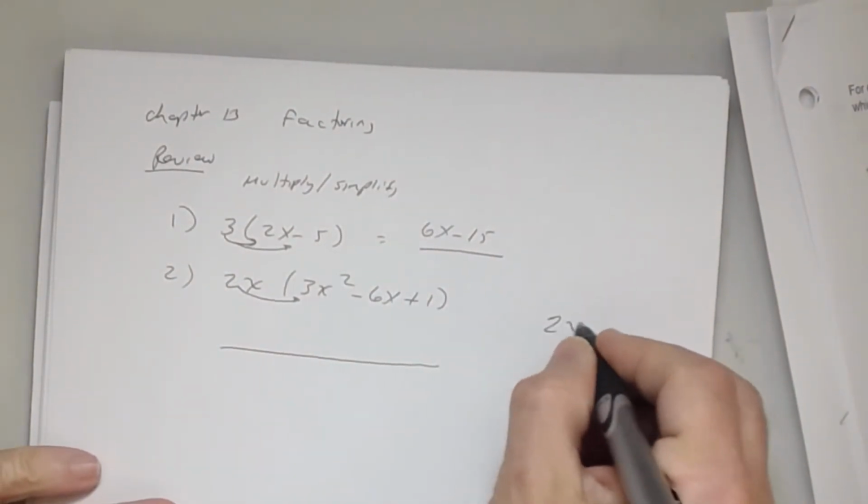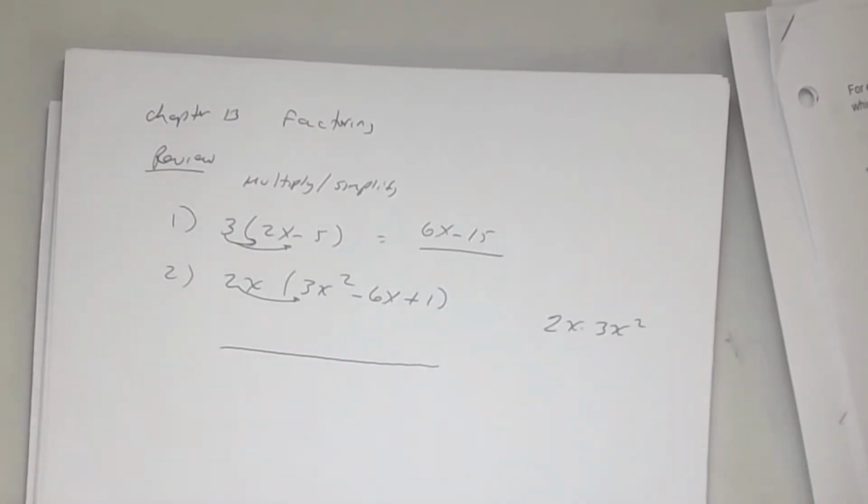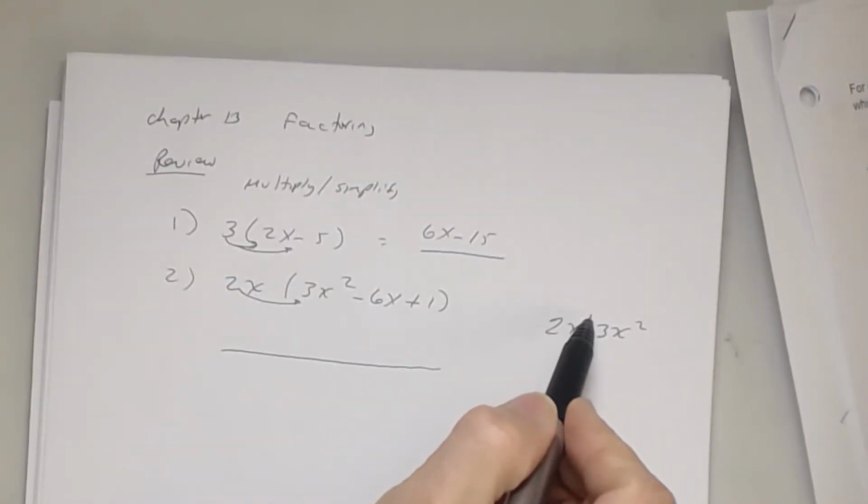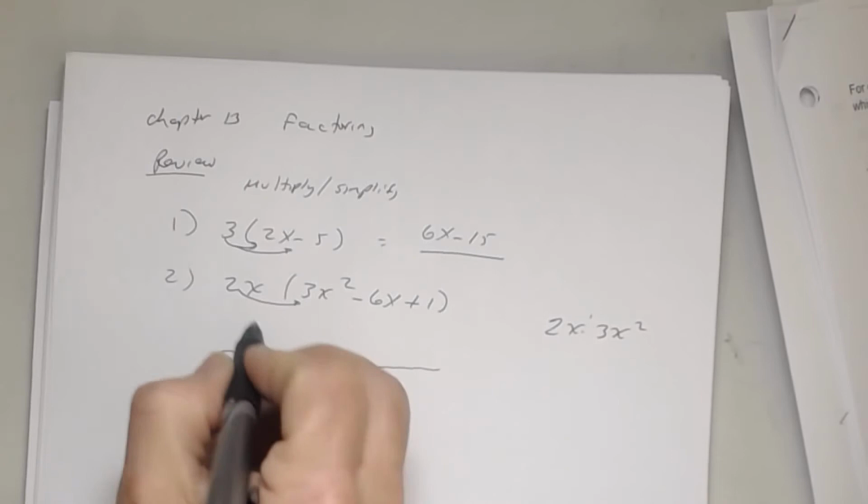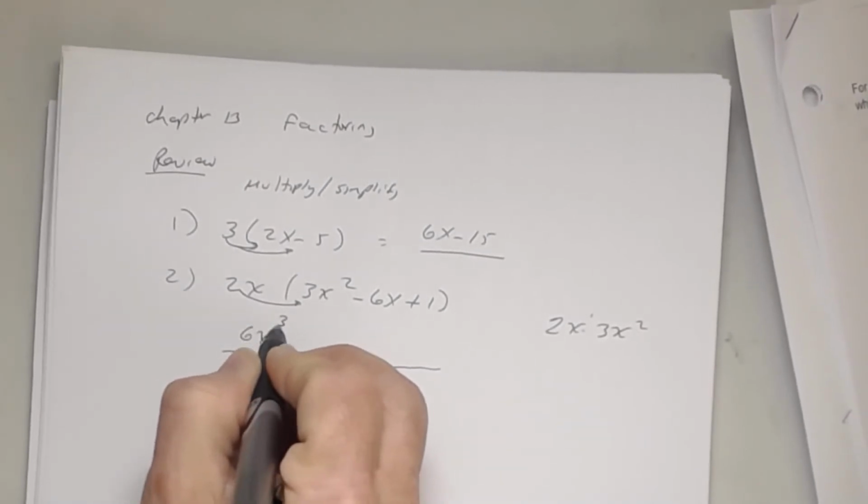This is what I have, 2x times 3x squared. 2 times 3 is 6. X times x squared is x to the third. Because when you multiply like bases, you add exponents. 1 plus this exponent here is going to be a 1. 1 plus 2 is 3. So you get 6x cubed, right?